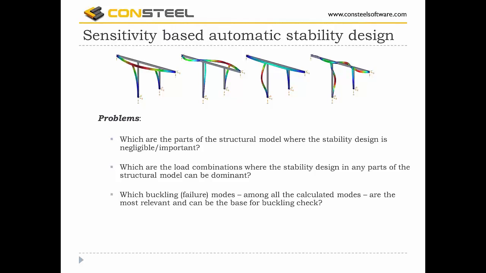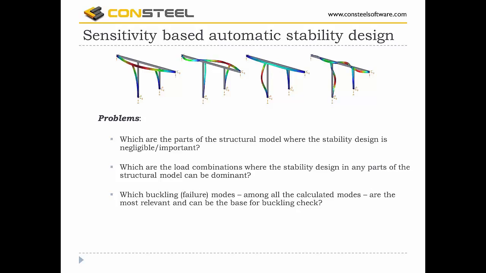For example, there are certain questions: which are those parts in our model where the stability design is completely negligible or very important? So we have to distinguish those parts. Usually only some members are critical from the point of view of stability, and those should be designed carefully, and a majority of the other parts have no stability problem. And how to distinguish? This is the first question.